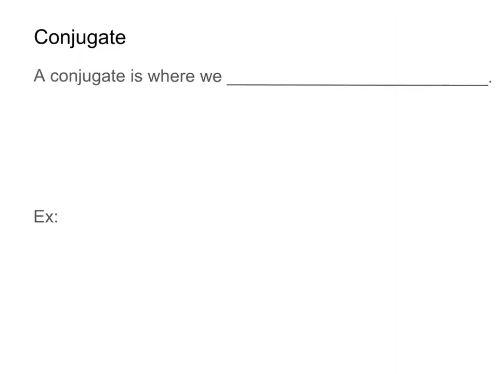All right, so what you just observed a moment ago, when you multiply a factor that is the same but opposite in sign, that is called a conjugate. A conjugate is where we change, let me grab my green pen here, where we change the sign in the middle. Let me give you something very generic, like a template.